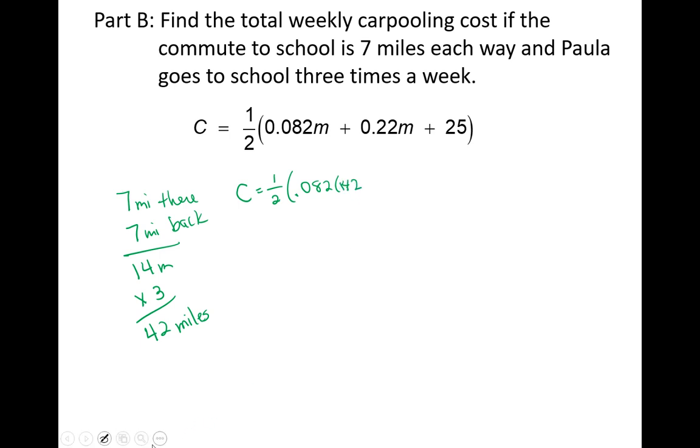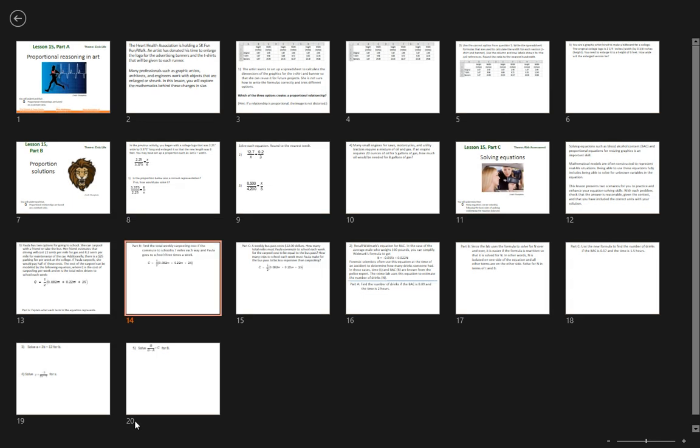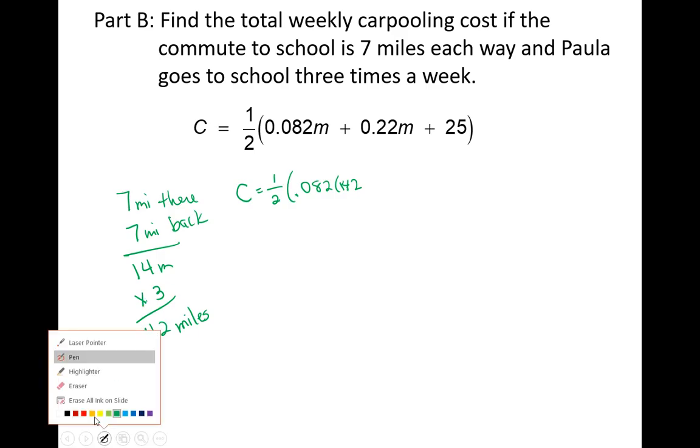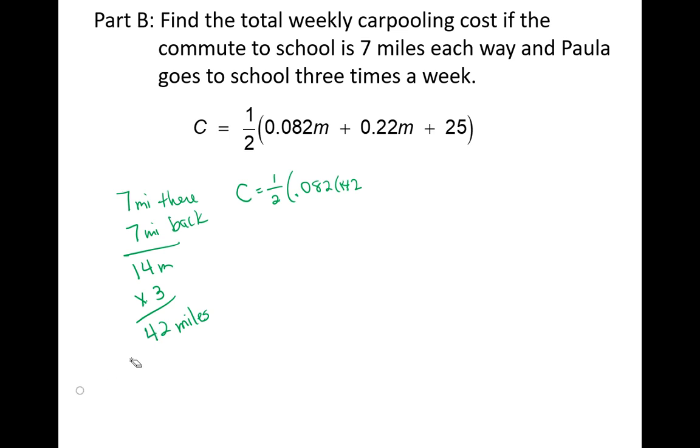Let me fix that. 0.082 times 42 miles plus 0.22 times 42 miles plus that $25, and then there's the half. So let's just do this one step at a time. 0.082 times 25.